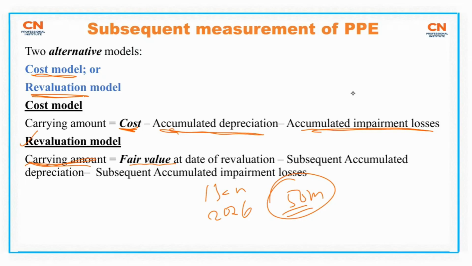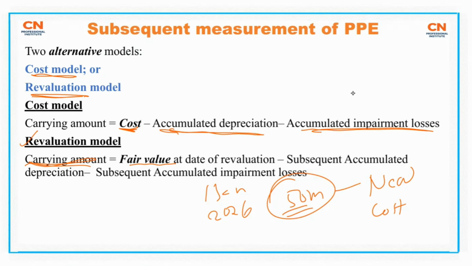The previous ones will not be deducted again. Because if you revalue the asset, it's like you're buying a new one. So it clears or removes all the previous accumulated impairment losses and accumulated depreciation that you've recognized. It clears them off. So this becomes like the new, in quote, cost. Okay. So don't forget the revalued amount is always now the new cost.